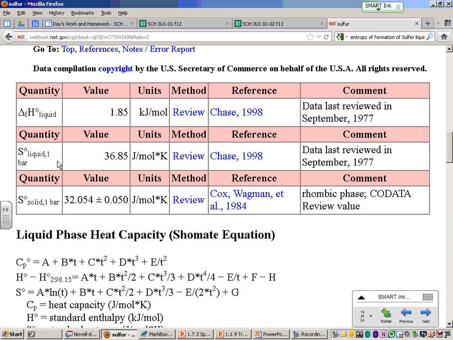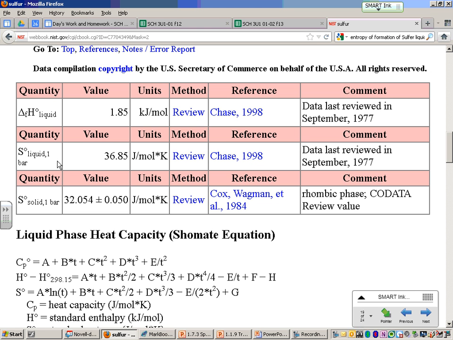Entropy: 36.8 minus 5, this one isn't 0, is 31.8. All right. Which means we're going to get a positive, right? What is that number? 5.05 joules per mole Kelvin is the way they've done it. Okay, excellent.